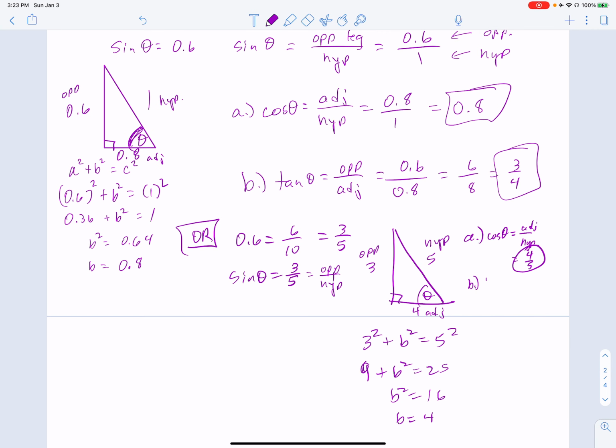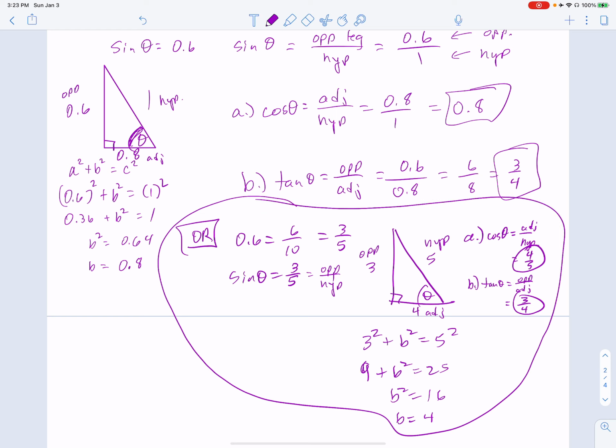And for part B, the tangent of theta is opposite over adjacent, which would be 3/4, which is exactly the same as I had before. And this might be the preferred method, is to change that 0.6 to an integer over an integer by making it 3/5 and setting up the triangle that way. Show work on these. Don't have just answers.